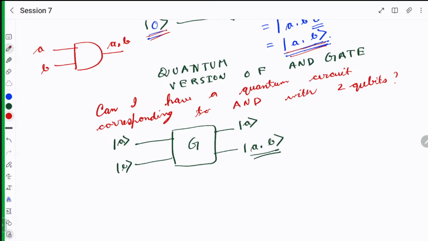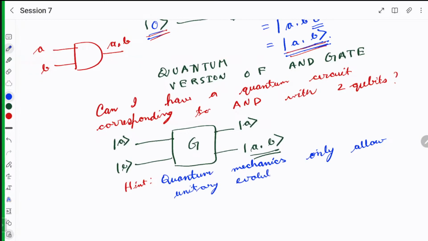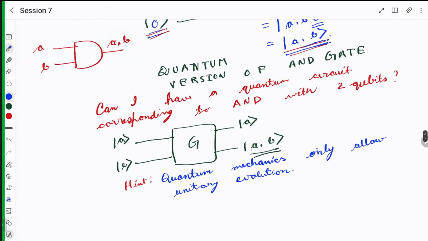The hint is that quantum mechanics only allows unitary evolution, and this we have learned from the postulates. Okay, so now, do you have any guess?